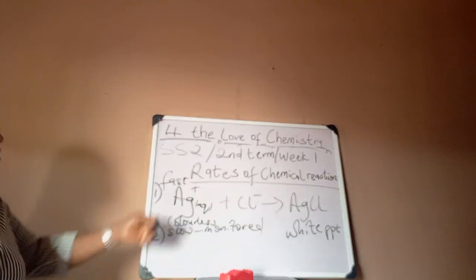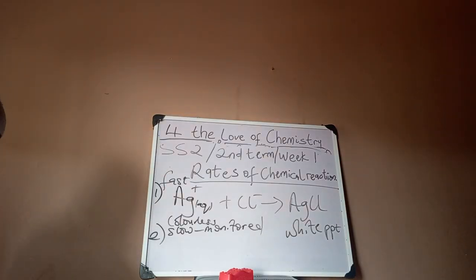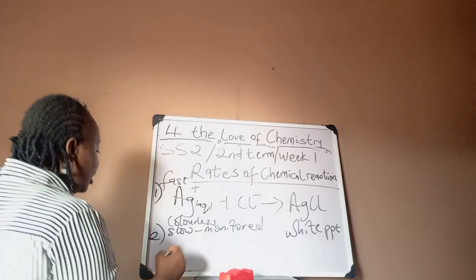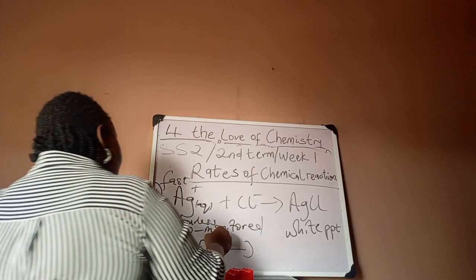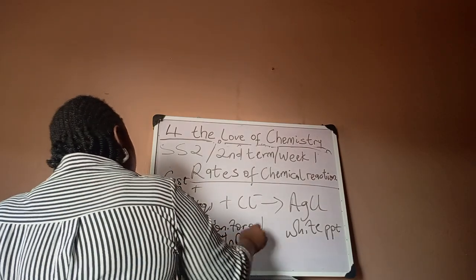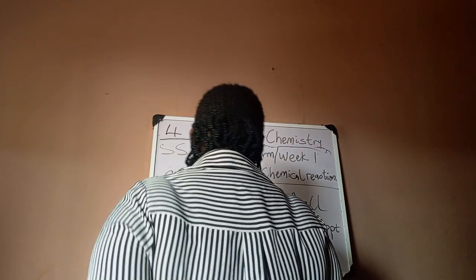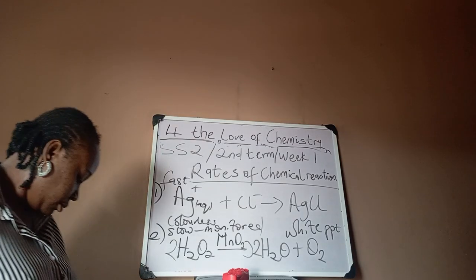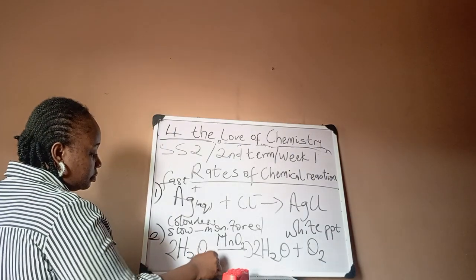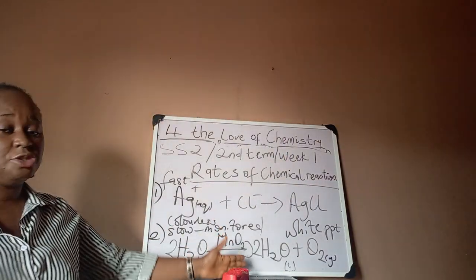You can monitor it because it's slow. This one is fast, we cannot monitor it. So for instance, the rate of the catalytic decomposition of hydrogen peroxide by manganese(IV) oxide is quite slow.